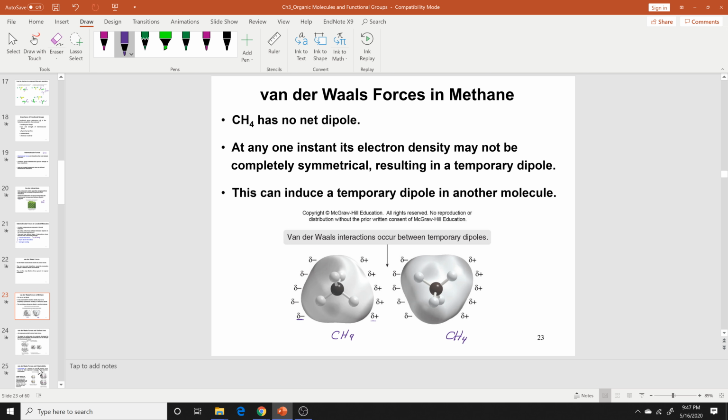The electronic cloud is the result of the slight difference in the electronegativity. Carbon is slightly more electronegative than hydrogen, so that will introduce that temporary dipole. So if you place these two CH4s next to each other, one end of the dipole will be partial positive. That will attract the partial negative dipole of the second molecule of the CH4.